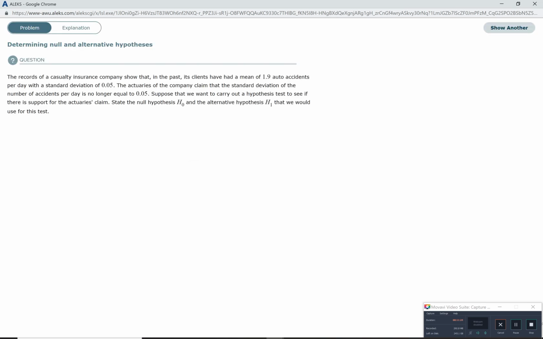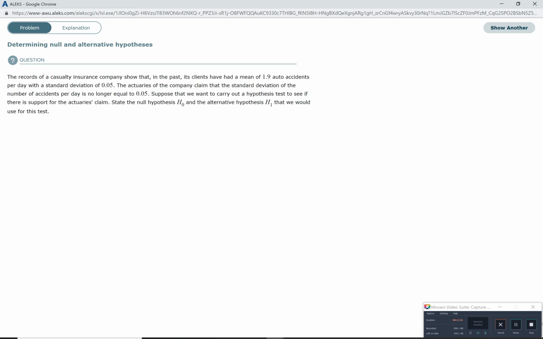On this one, it says the records of a casualty insurance company show that in the past its clients have had a mean of 1.9 auto accidents with a standard deviation of 0.05, the actuaries of the company claim that the standard deviation of the number of accidents is no longer equal to. Doesn't say greater than, less than, so this is a not equal to.